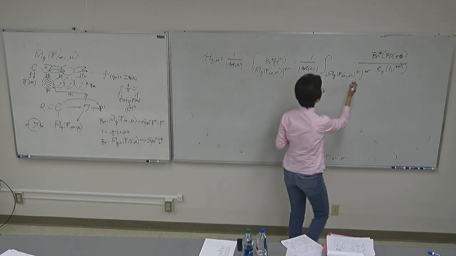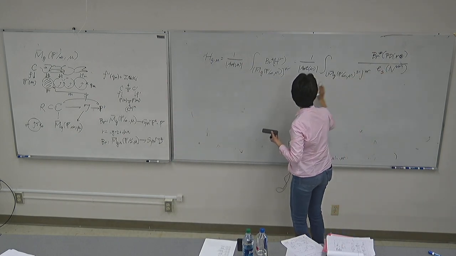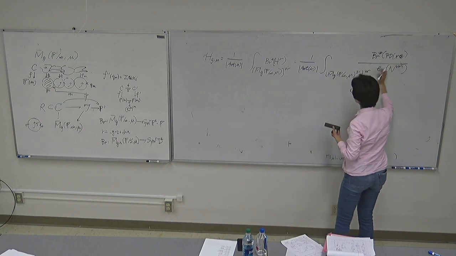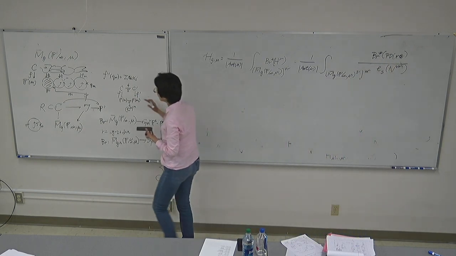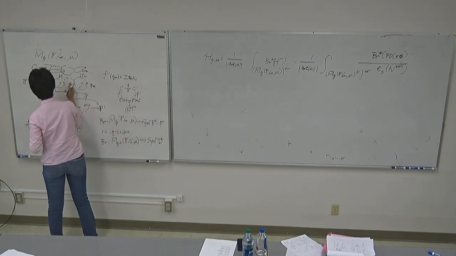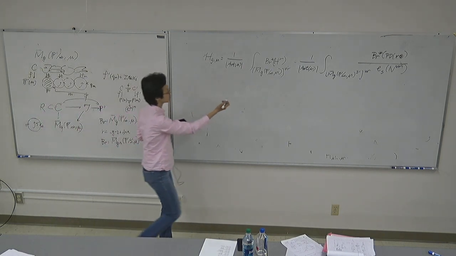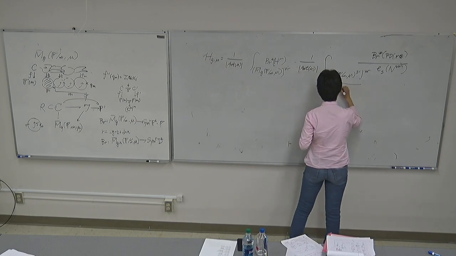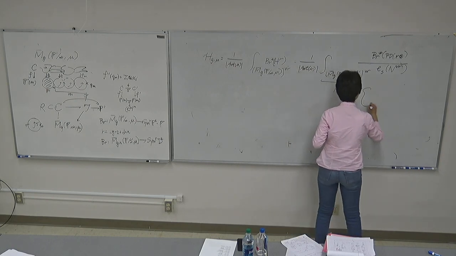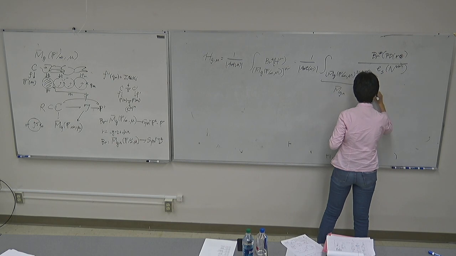The advantage is if you use this particular torus action, then when the target has bubbles, it doesn't contribute. The only thing which contributes becomes MGN, and you just have this.